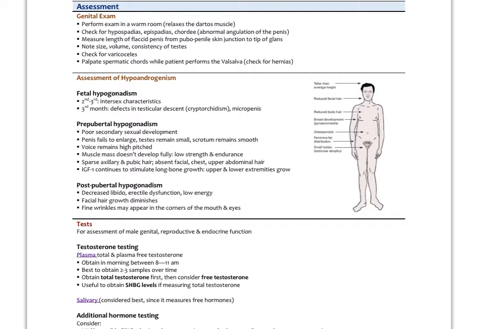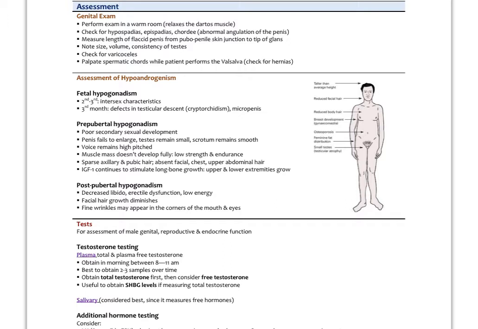The voice usually remains high-pitched, muscle mass doesn't fully develop, there's low strength and endurance, sparse axillary and pubic hair, absent facial, chest, and upper abdominal hair, and then the insulin-like growth factor from growth hormone continues to stimulate the long bone growth, so the upper and lower extremities grow, but these other sexual characteristics don't develop properly.